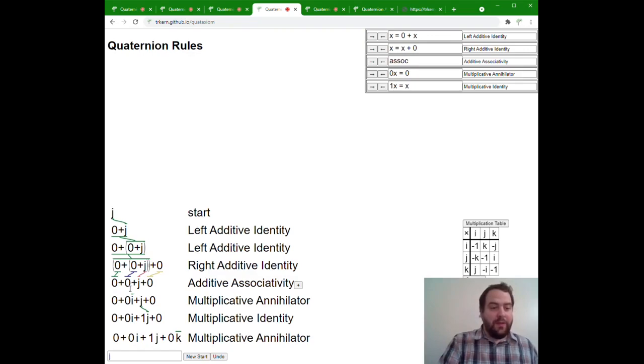And so here we can rewrite this 0 as 0 times i, and this 0 as 0 times k, and then of course we need a multiplicative identity rule, or we need to apply this rule backwards again, to turn j into 1 times j to get everything into canonical form.